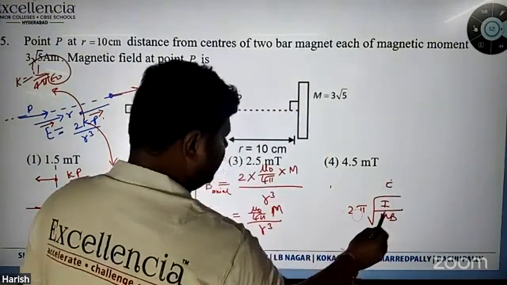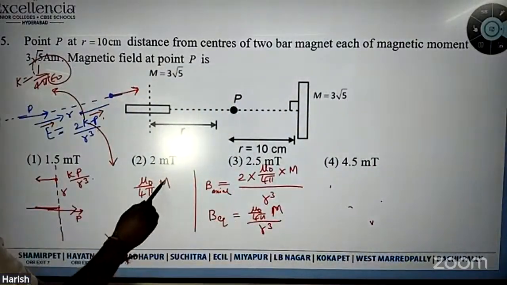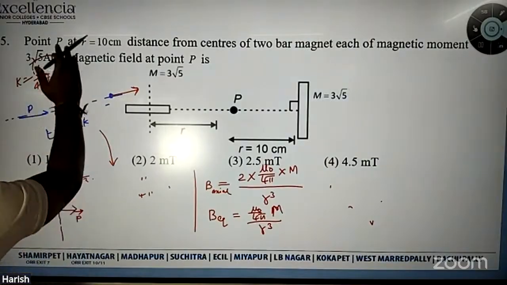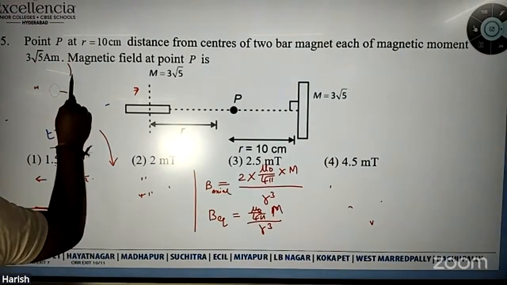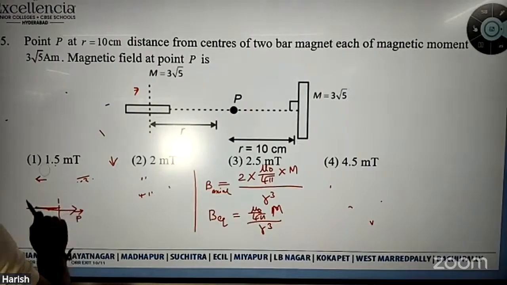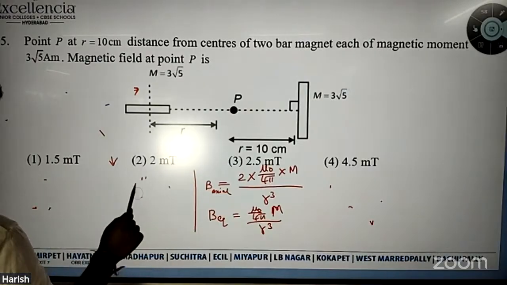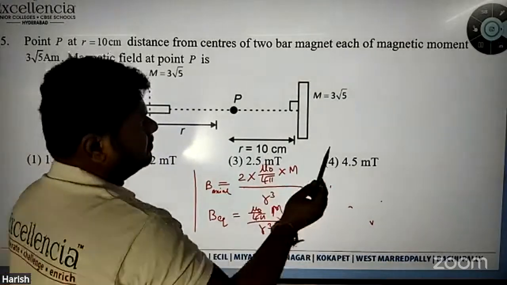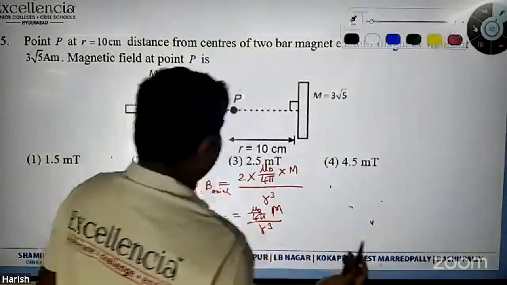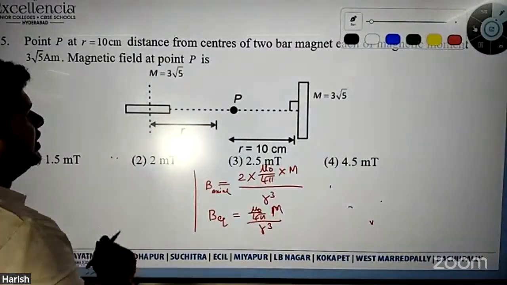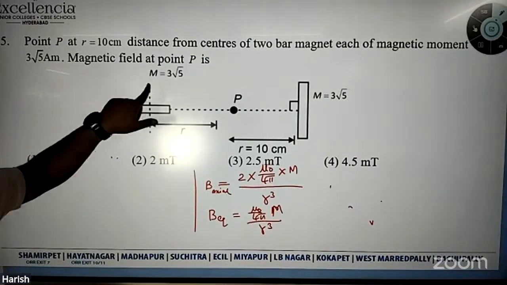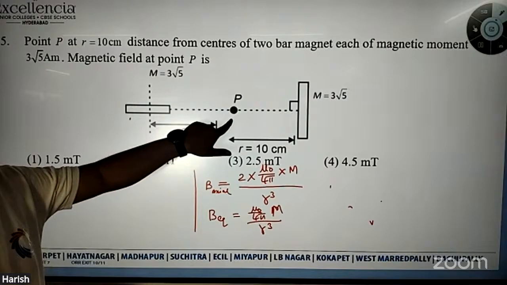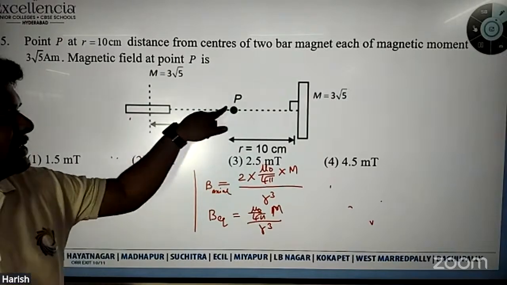Now let us quickly move on to this question. Now look at this. If you look at this particular bar magnet, here we are supposed to find out the field. So this point is on the axial line.